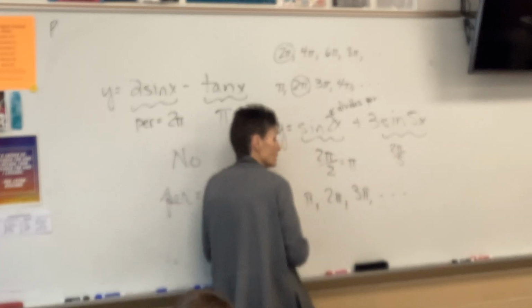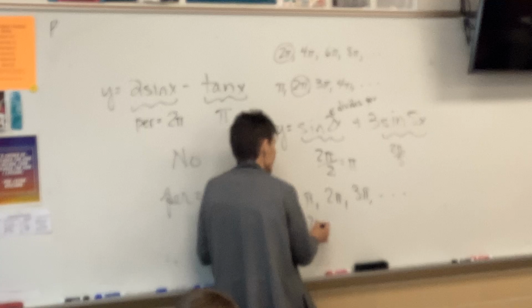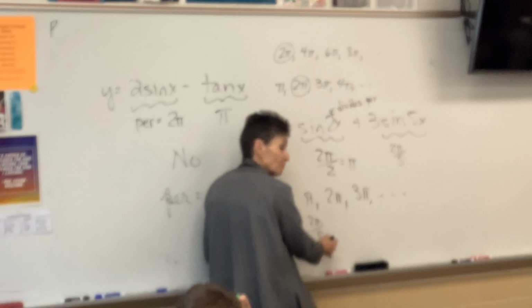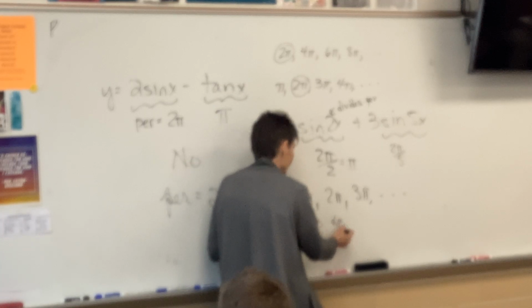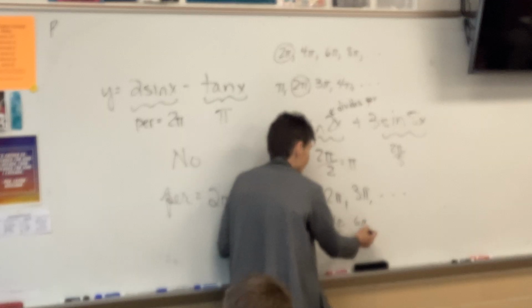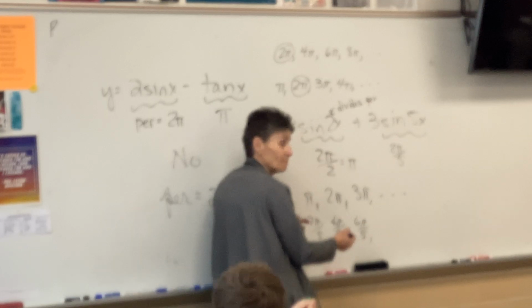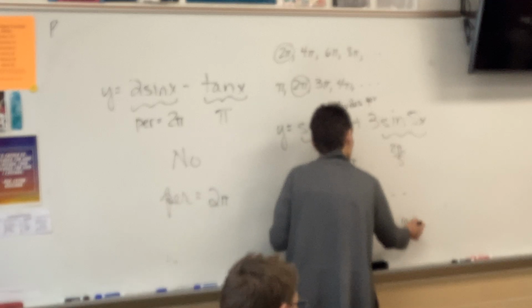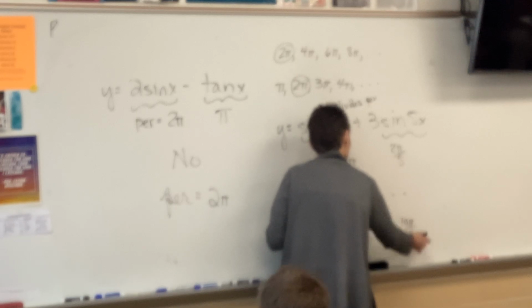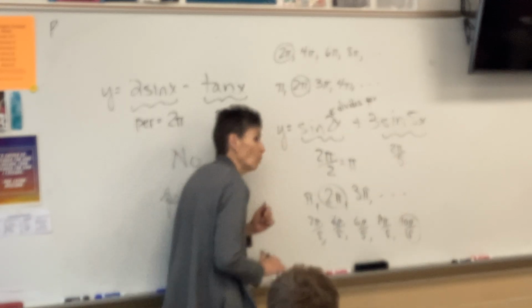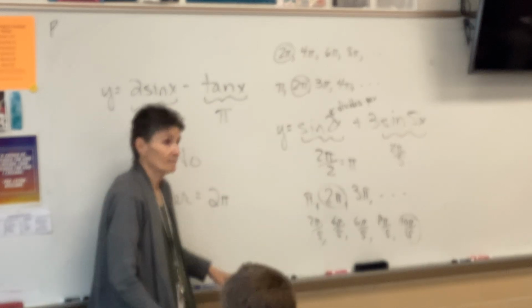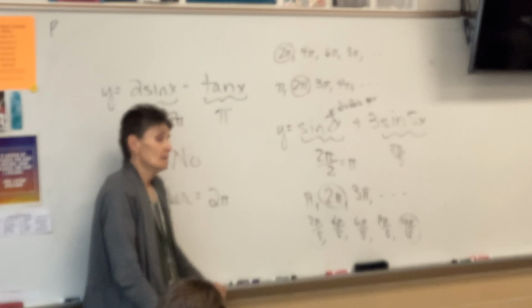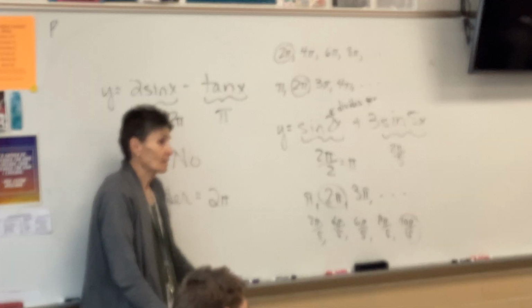Now this one is 2/5, 4/5, 6/5, are you with me? 8/5, 10/5, wait a minute, what's 10/5? So what is the period? 2 pi. They overlap the first time at 2 pi.